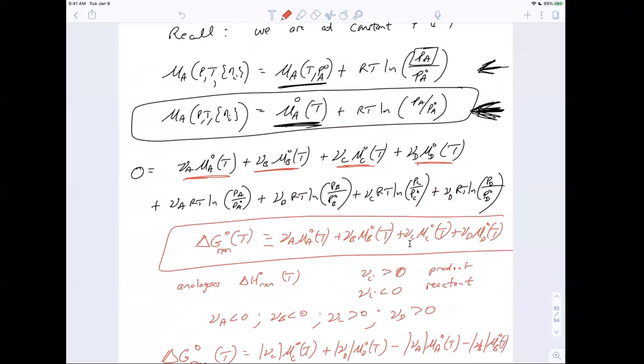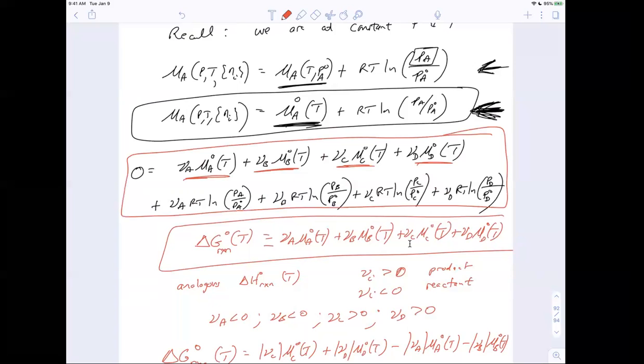Remember, this is our chemical equilibrium criterion. And the first four terms are now this delta G naught reaction. Now we're just going to take a look at the last four terms, the RT log terms. Everyone with me or no? Okay, so let me recap where we are now.